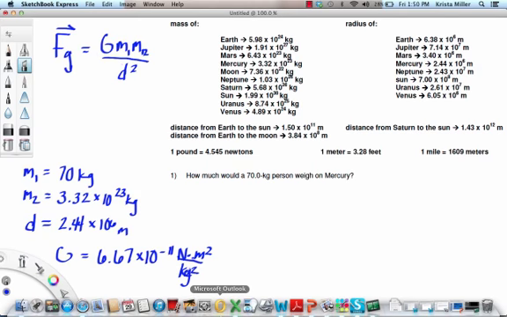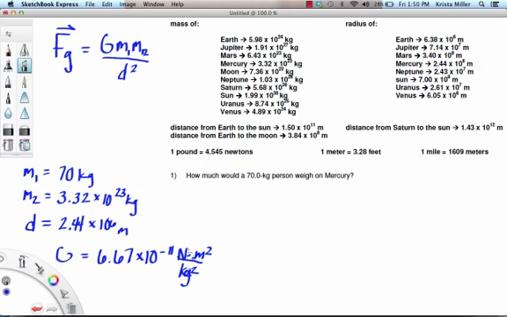And that unit should make sense to you, because realistically we're going to try to get our answer into newtons, and if you have a mass in kilograms times a mass in kilograms over a distance in meters that's squared, we need our meters squared to cancel and our kilograms squared to cancel.